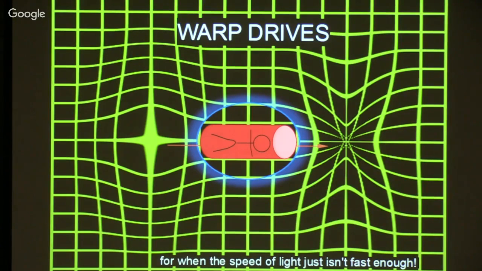Now, it's important to emphasize here that locally, with respect to the metric near where you are, you aren't traveling faster than light. You're just an ordinary object made of ordinary matter going slower than the speed of light. But the net effect of this contraction and expansion is to carry you along faster than the speed of light relative to somebody looking at you from the side.